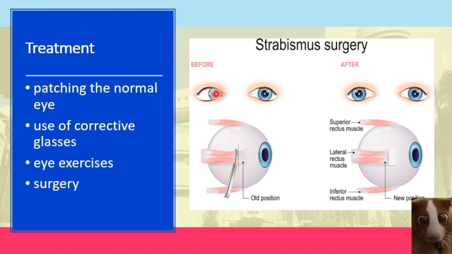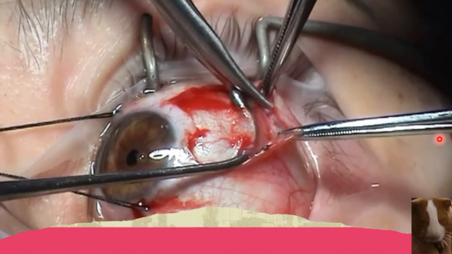Since this is a concern with inward movement of the eyeball, notice that it is the lateral rectus muscle which was altered or cut. This is an example of a surgery that would involve your extraocular muscles.